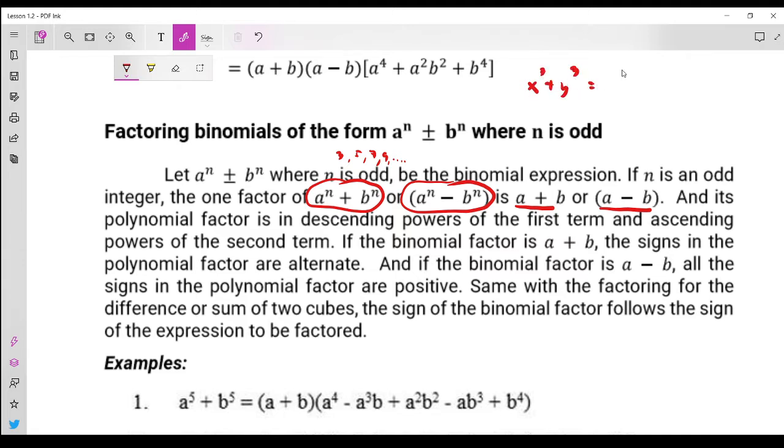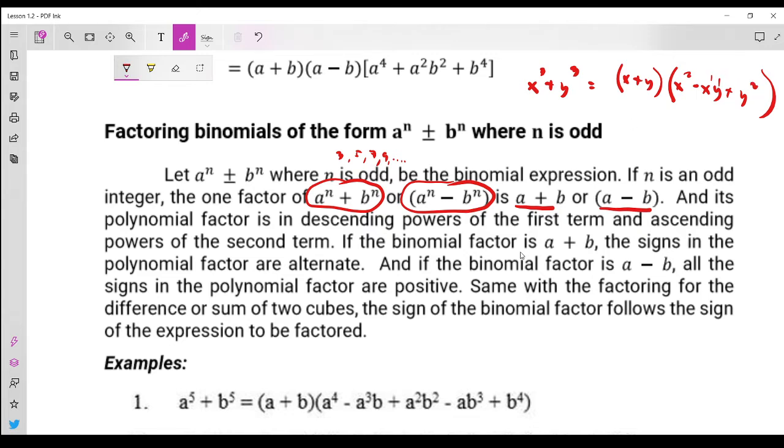The factors are x plus y, just the base, and then you have your x squared minus xy plus y squared. As you can see, the exponent of x in the second factor is in decreasing order, and for y it's in increasing order. The exponents of x are 2, 1, 0, and for y, 0 for the first term, then 1, and then 2.